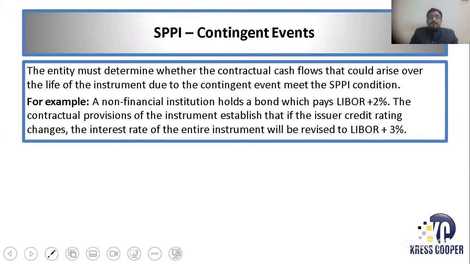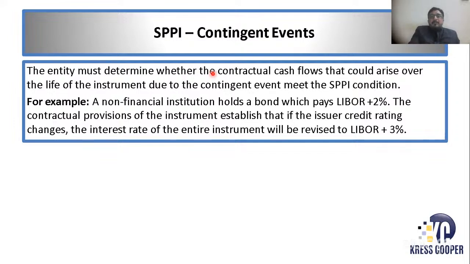There are a few contingent events in which we see that the interest rate gets changed. For example, there is a fixed interest rate and a fluctuating interest rate. Fluctuating is LIBOR plus 2% or 3%, whatever. If there is a contract that the rate would be LIBOR plus 2% and LIBOR gets changed, obviously the interest amount will be changed.